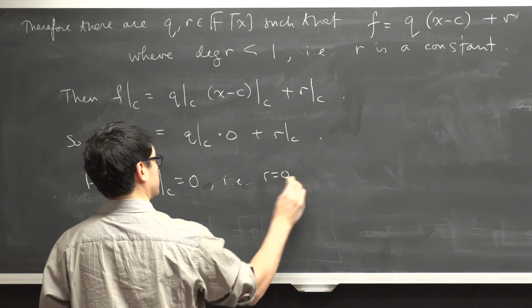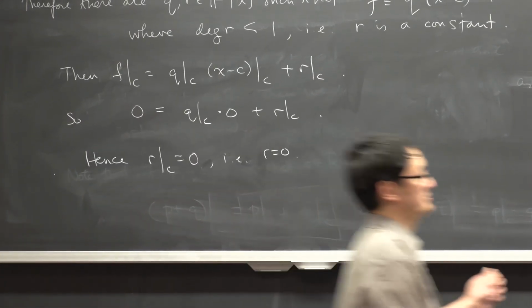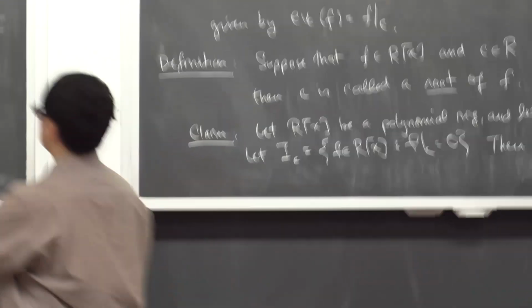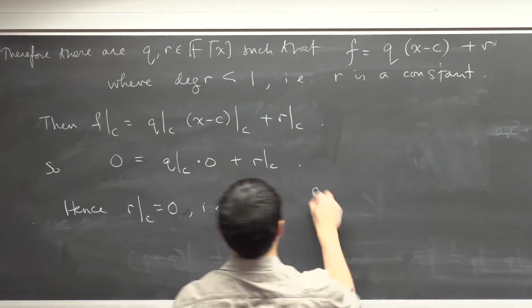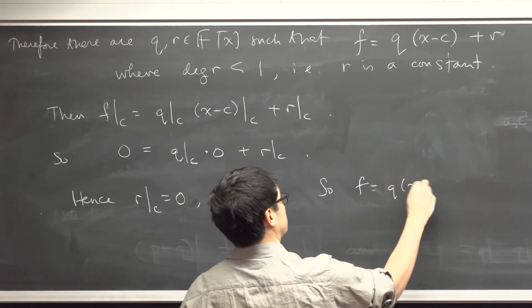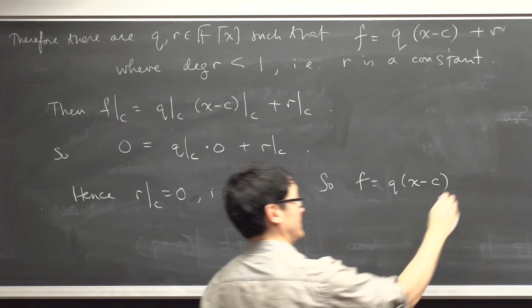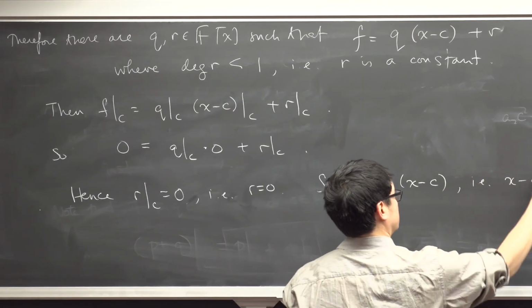Why do I want r to be 0? Because if you look back at the division algorithm right here, f is equal to q times x minus c, i.e. x minus c divides f.